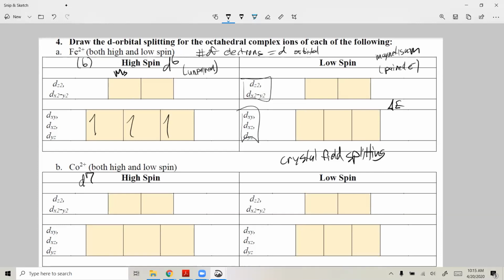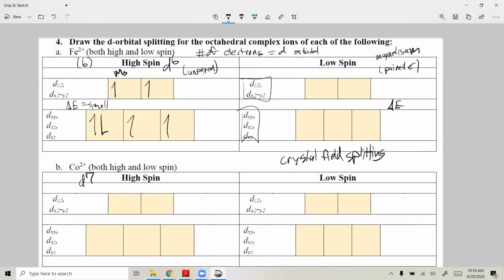For our high spin setup, we're going to put it up on top, 4 and 5, because this delta E, the difference in their energy, is small. So those electrons would rather make that step up into the higher energy state to get their own orbital. And our last one should be down here.